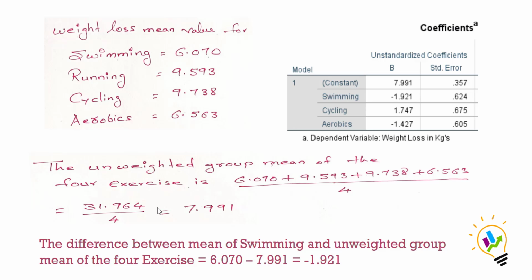If we take the difference between swimming and the unweighted group mean of 4 exercises, that is 6.070 minus 7.991, we are going to get minus 1.921. So this is the unstandardized coefficient for swimming. This is the difference between the mean value of swimming minus the unweighted group mean for 4 exercises.